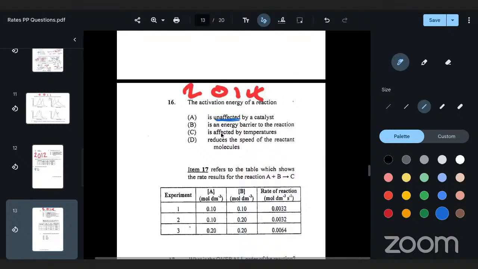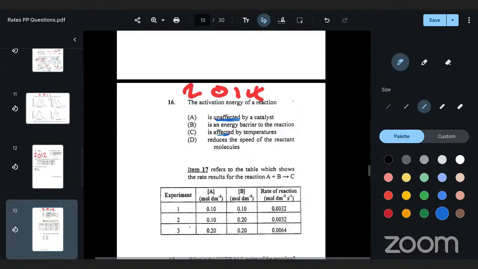Sir, C says it is affected by temperature. Well, in terms of being affected by temperature, if you increase the temperature, it would increase the energy of the molecules. So more of them would have the activation energy, if it's from that perspective. But what about B?